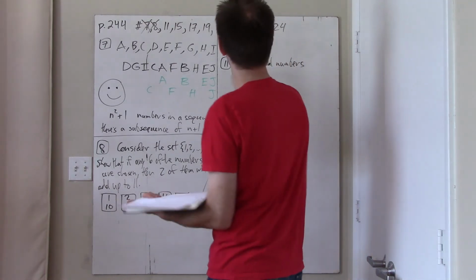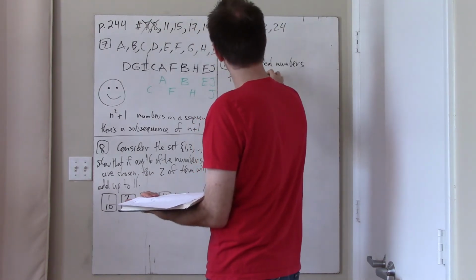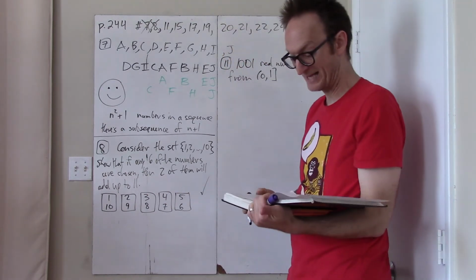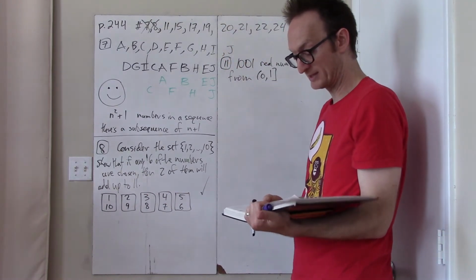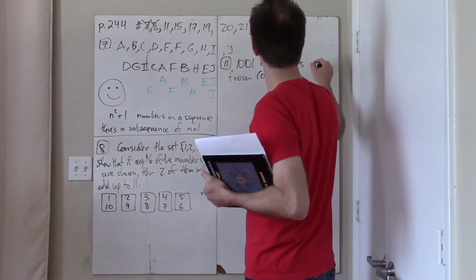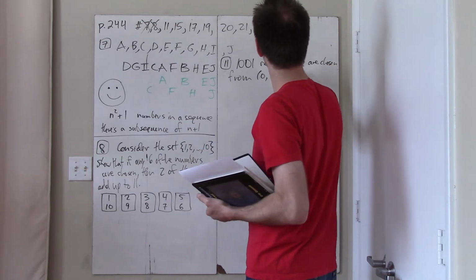From the half open interval 0 to 1, at least 2 of the numbers will differ by less than 0.001. Are chosen, so I'll just write are chosen from then.